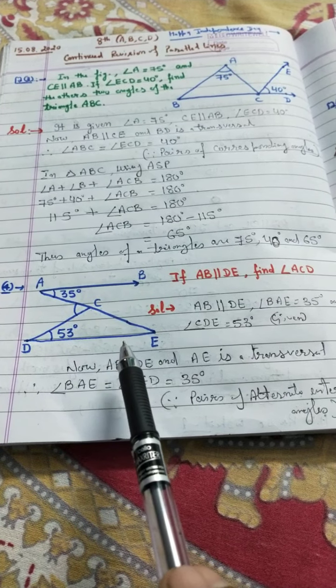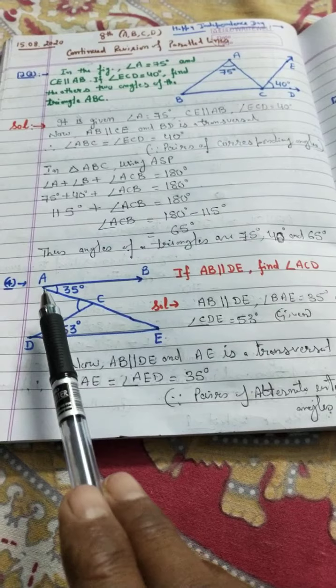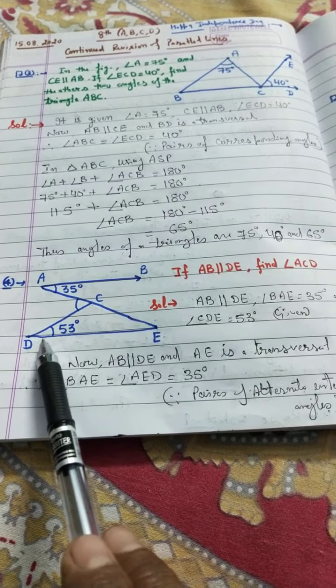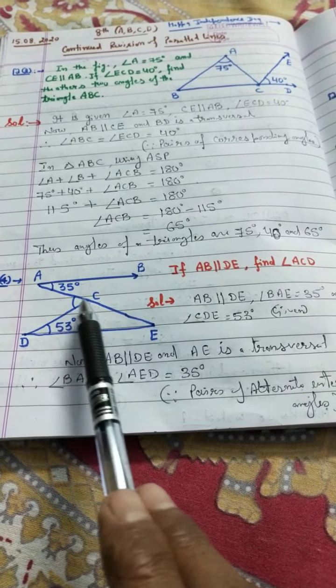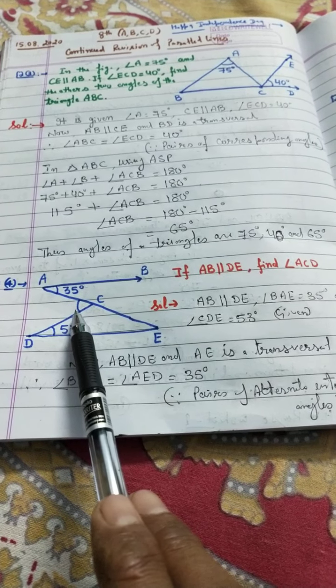Now dear children, find angle ACD. It is very easy. In triangle CDE, angle ACD is called your exterior angle.